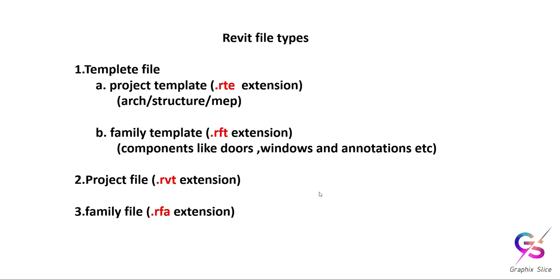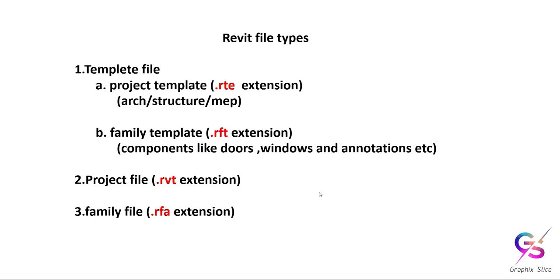So what is the difference between project template and family template? First of all, what do you mean by template? It contains some project related basic default settings. So that's why we use project templates. Just now I said, in Revit we have types like architecture, structures and MEP.